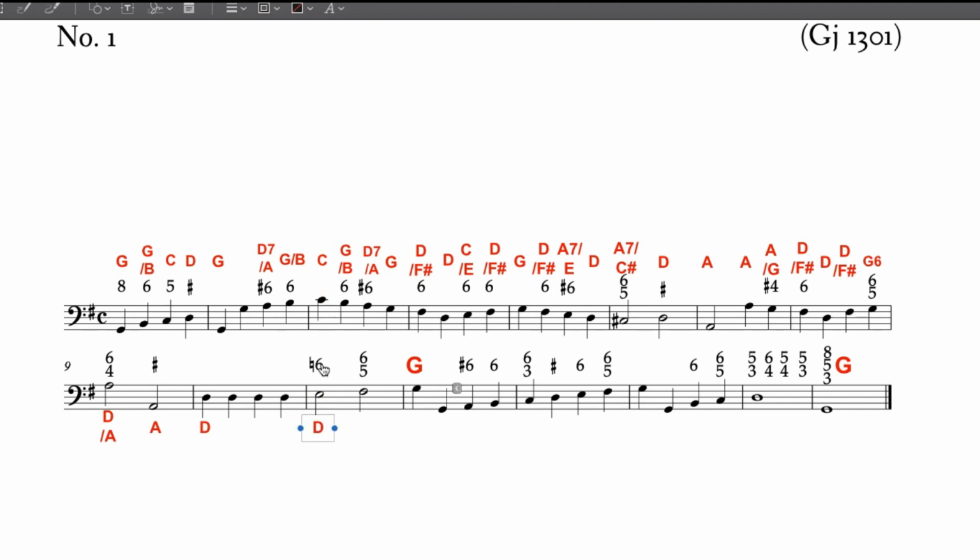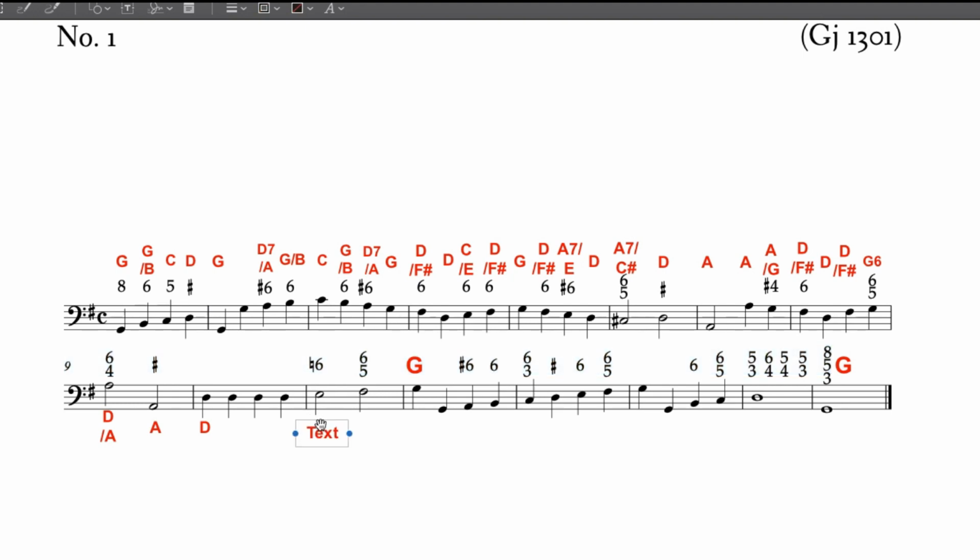Right, natural 6. Okay, so this is telling us that the C underneath the E there has to be natural. So that makes it an A minor /E chord. Sorry, beg your pardon.